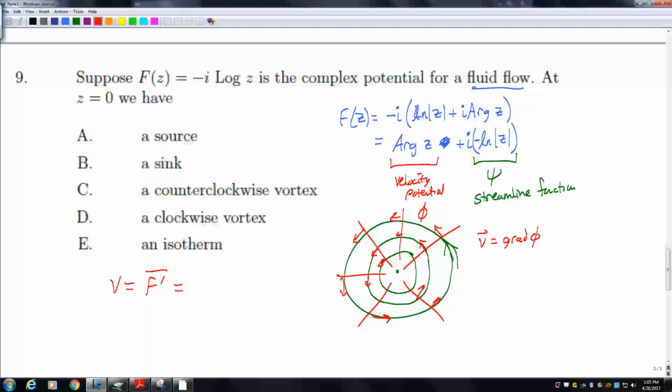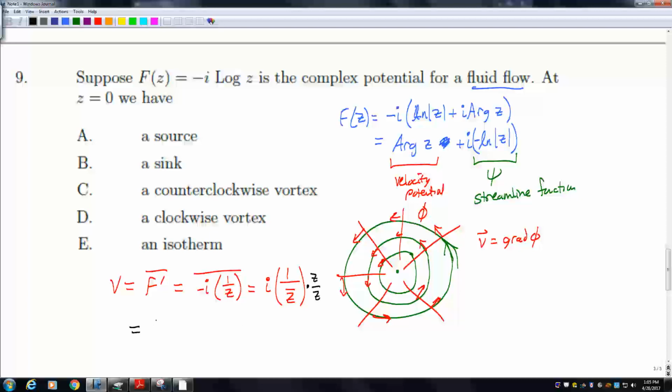Okay, and so I know what f prime is. It would be minus i times the derivative of log, which is just 1 over z. If I take the conjugate here, be careful, the conjugate isn't just i times 1 over z. It's i, but then I also need to take the conjugate of 1 over z, which is 1 over z bar. Okay, and to simplify that a little bit, let's multiply by z over z.